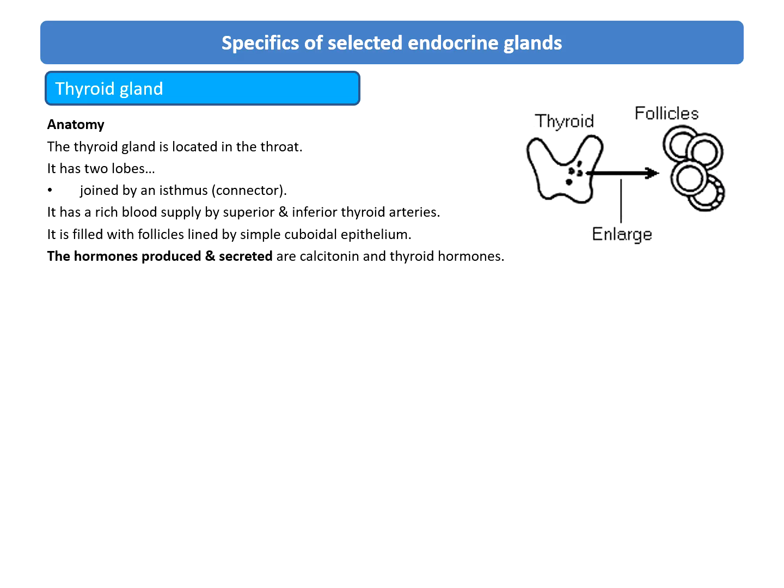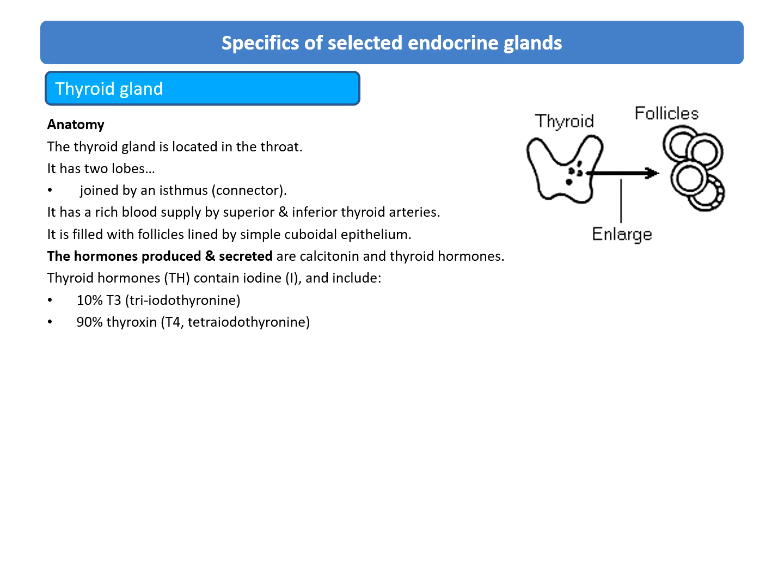The hormones produced and secreted are calcitonin and thyroid hormones. Thyroid hormones, and we'll refer to them as TH, contain iodine and include 10% T3, that's triiodothyronine, and 90% thyroxine, T4, tetraiodothyronine.